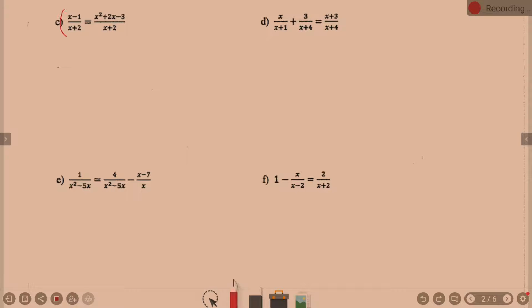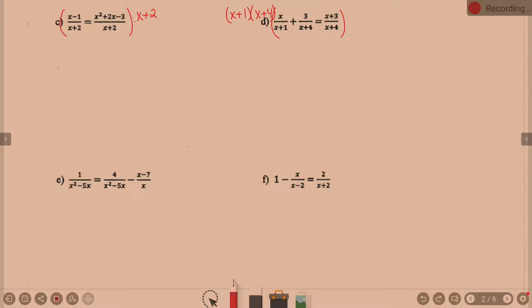We'd be multiplying both sides by my common denominator, x plus 2. If we were doing D, what would I need to multiply both sides by? X plus 1 and x plus 4 would be my common denominators, right? Now, we're really truly going to move on to E.